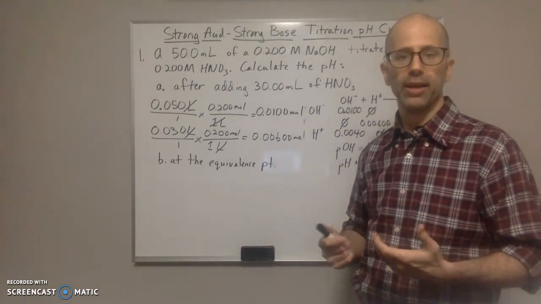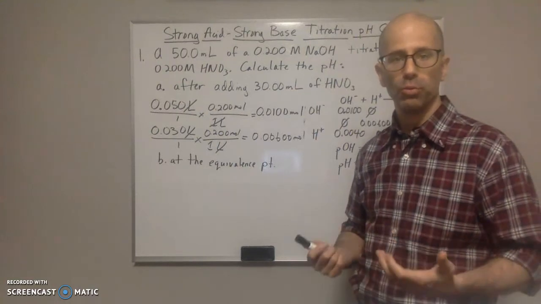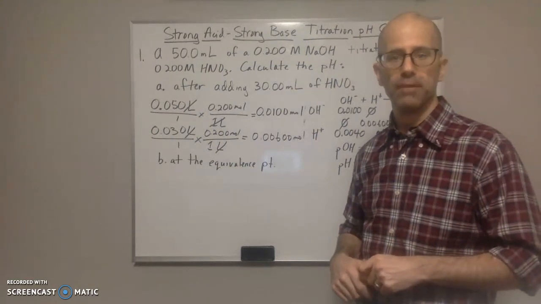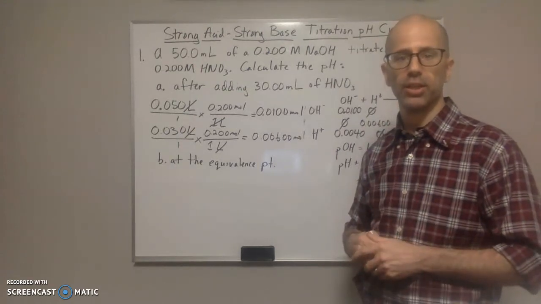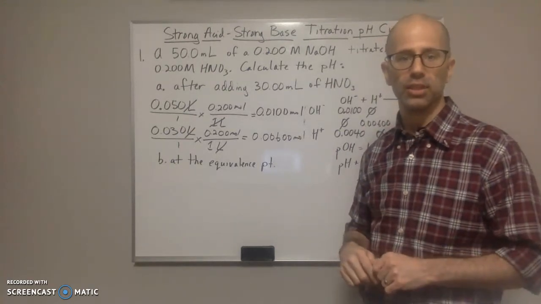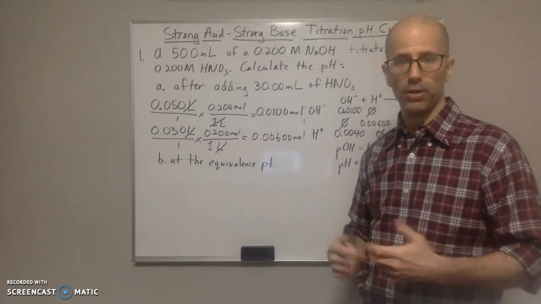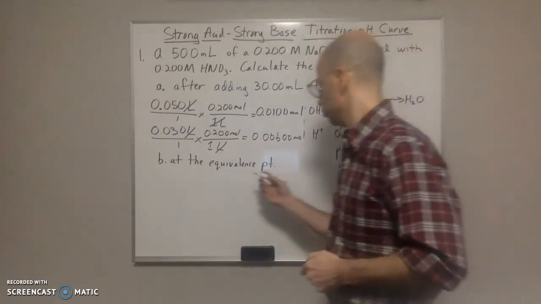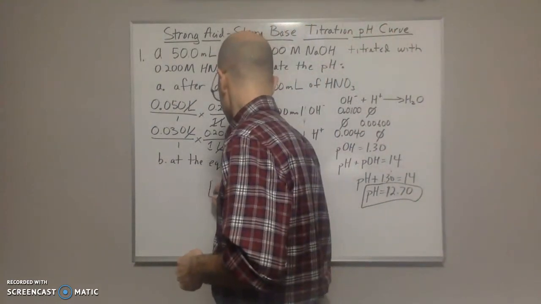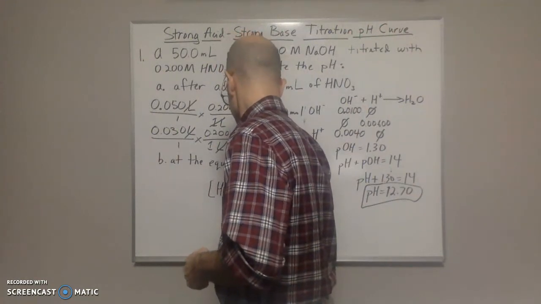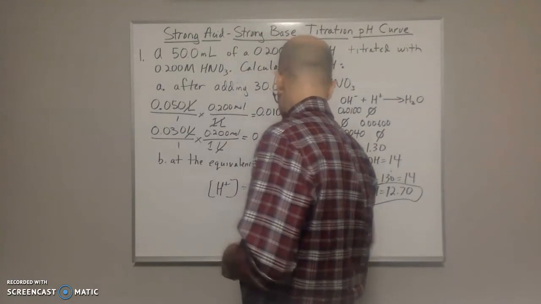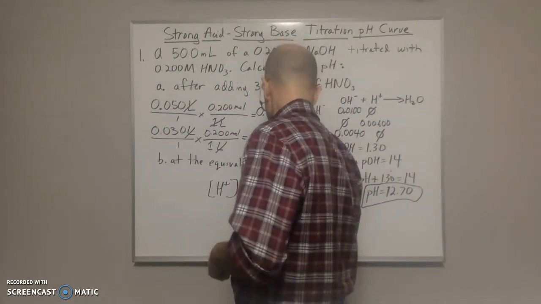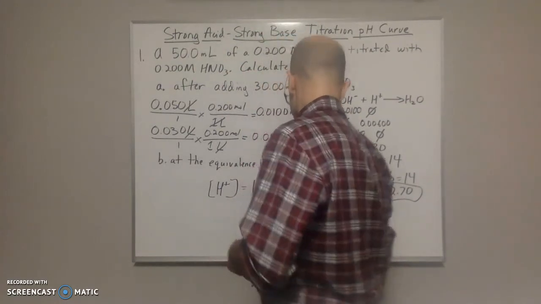And so in that case, the pH would be 7, because the only H plus ions that are in there are because of the autoionization of water. So that would give you H plus concentration equal to 1.0 times 10 to the negative 7, which gives you a pH equal to 7.